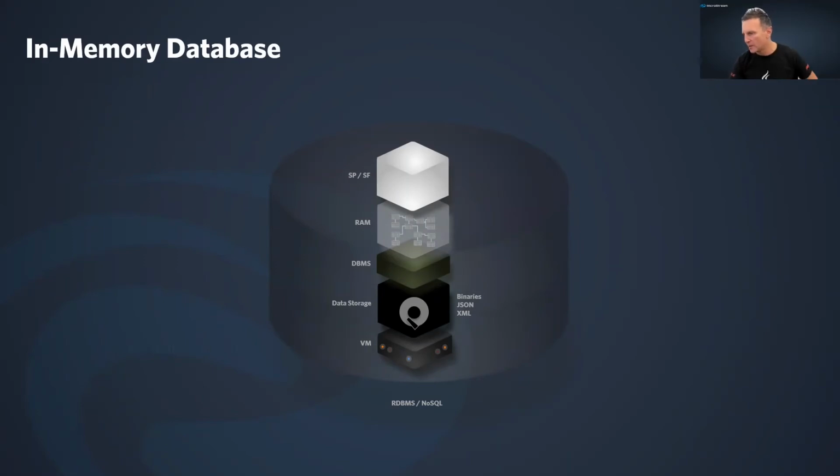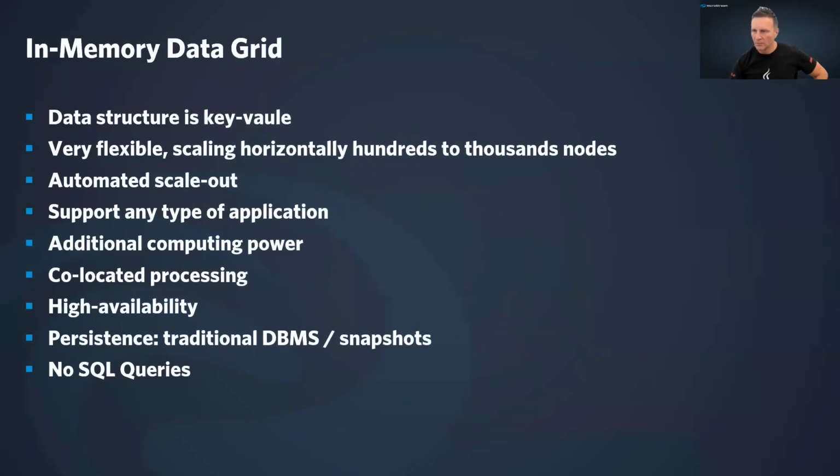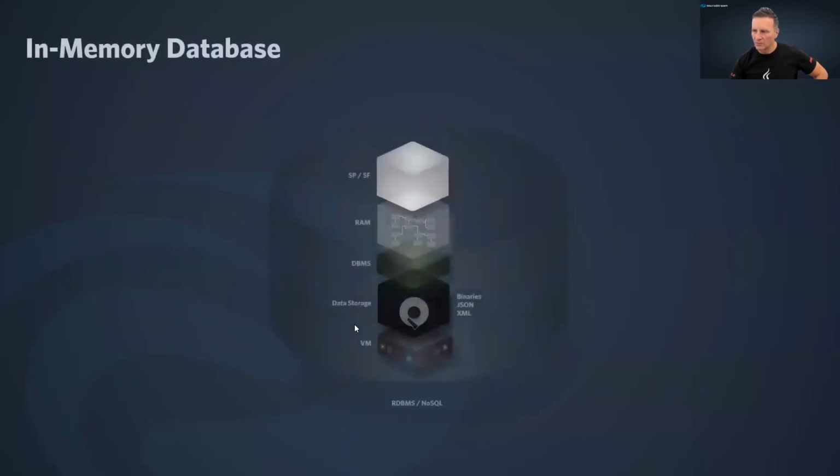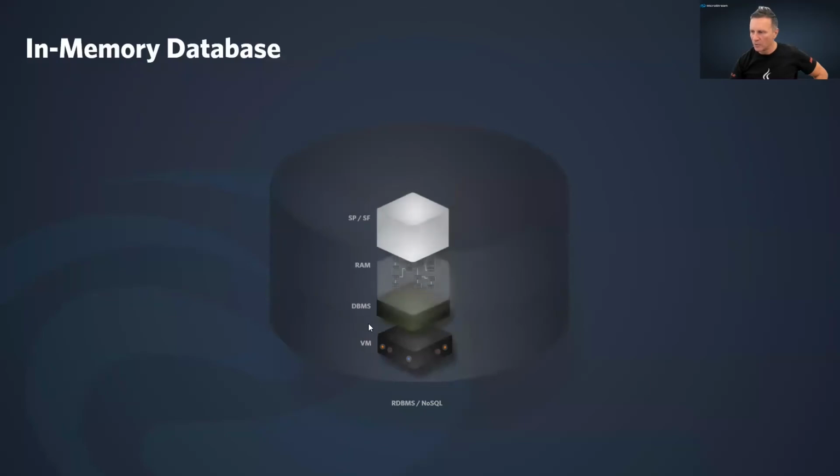The in-memory database does not store data on disk. The in-memory database, of course, stores data in memory. The database management system runs in memory, and the data is kept completely in memory. Which means if you run an in-memory database, you have all of your data in memory.